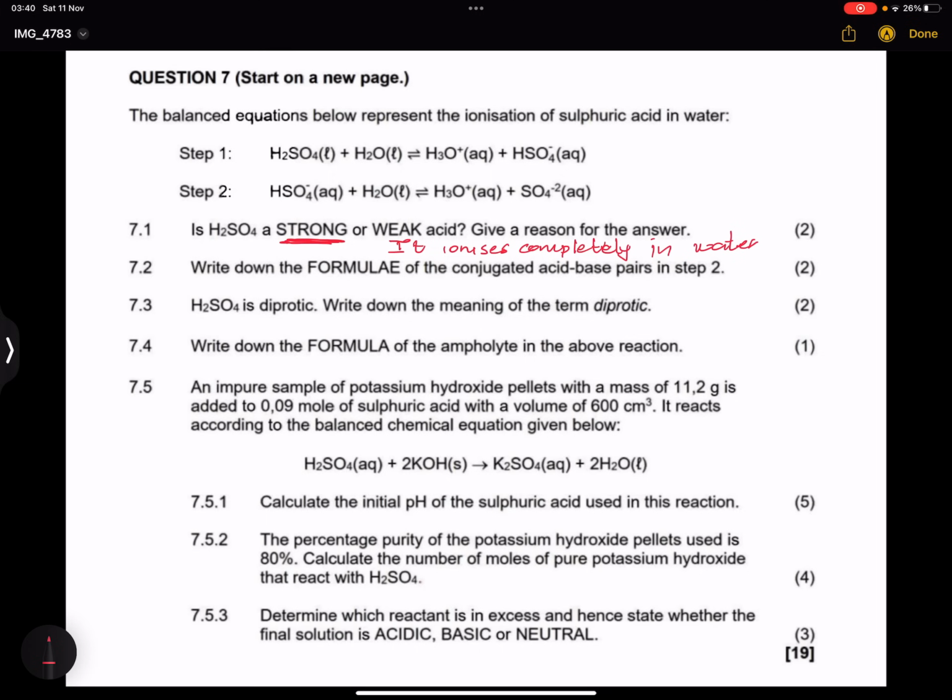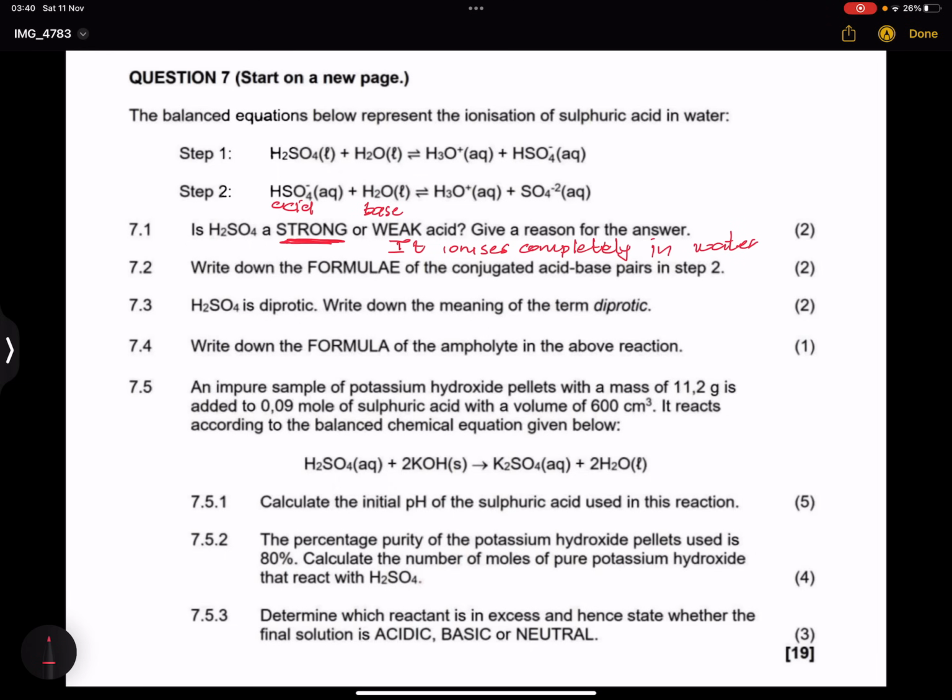Okay, so they say write down the formulae of the conjugate acid base pairs in step 2. Now, note in step 2, what happens? HSO4 minus becomes SO4 2 minus. So, what did it do? It donated a proton. So, this guy would be the acid, meaning that this guy would be the base.